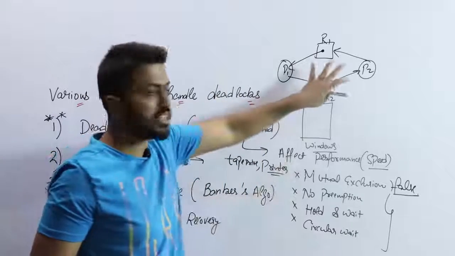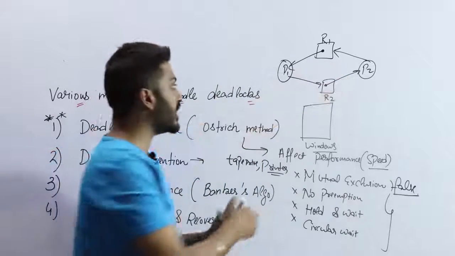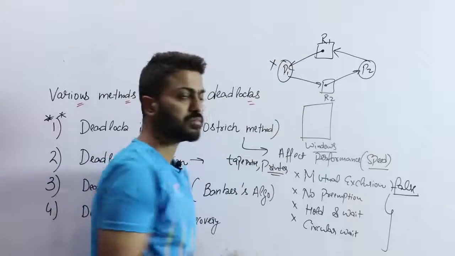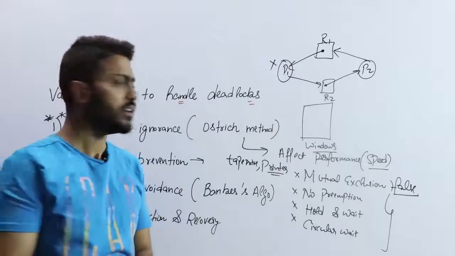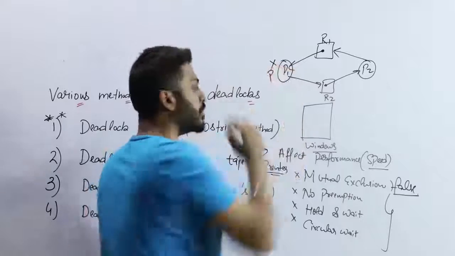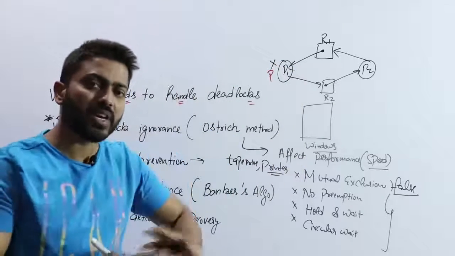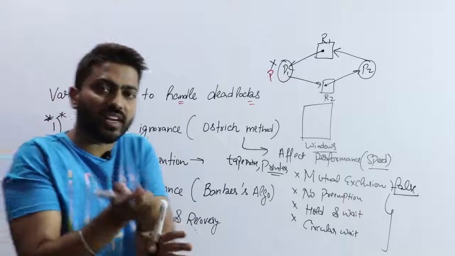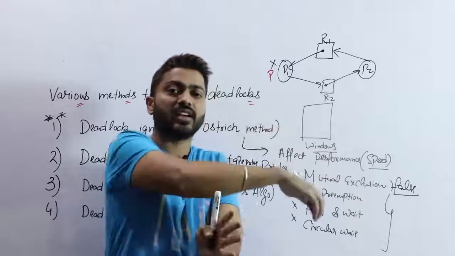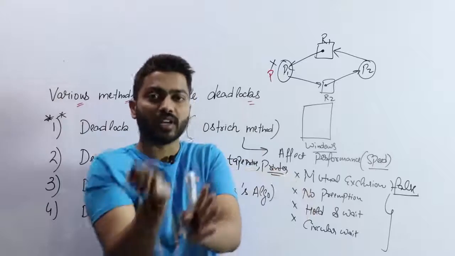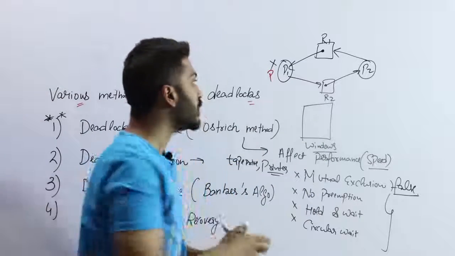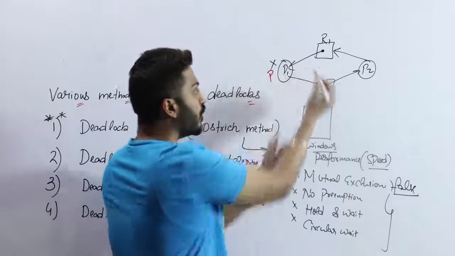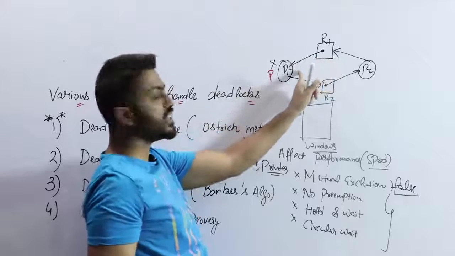Now in this method, let's say P1 gets preempted. I simply say, P1, you just preempt. If P1 got preempted, it will stop working. It will be sent back from the running state to the ready state. So when it's sent to the ready state, whatever it is holding, what did P1 hold?